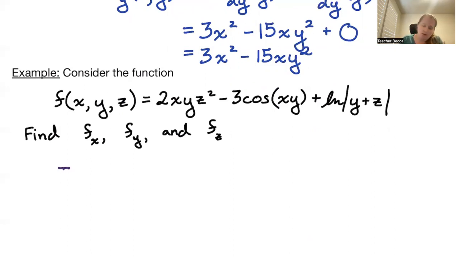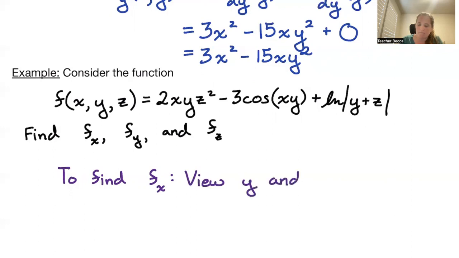To find the partial with respect to x, we're going to view y and z as constants and then differentiate with respect to x.